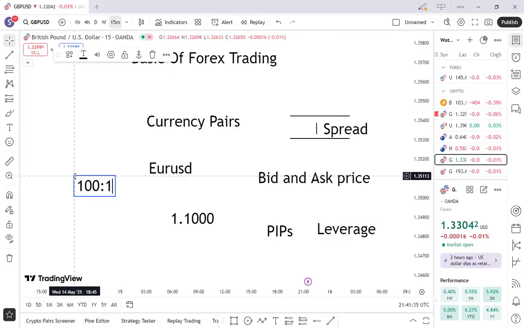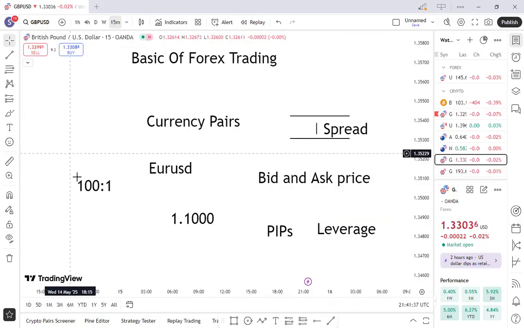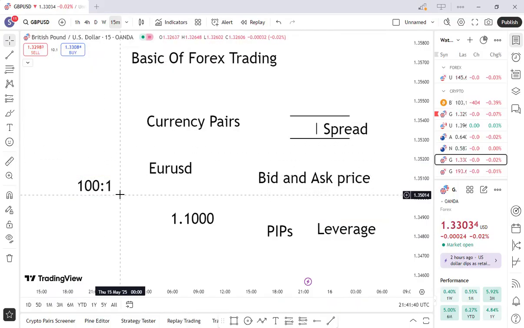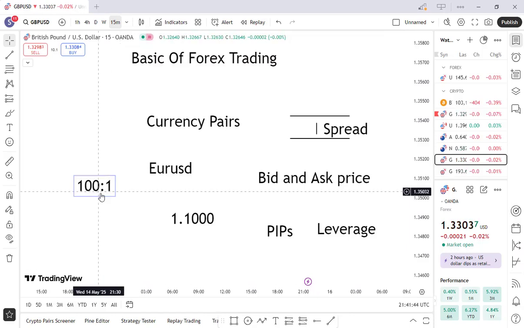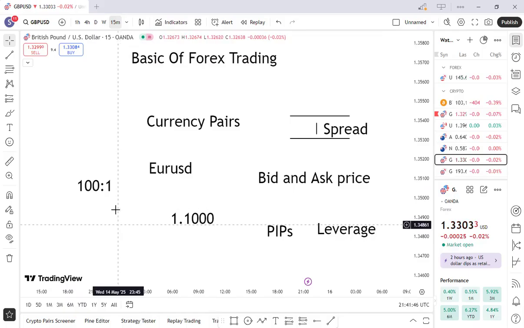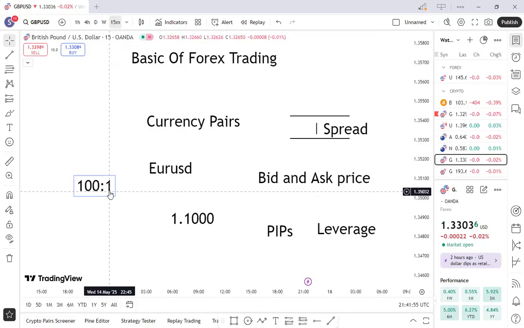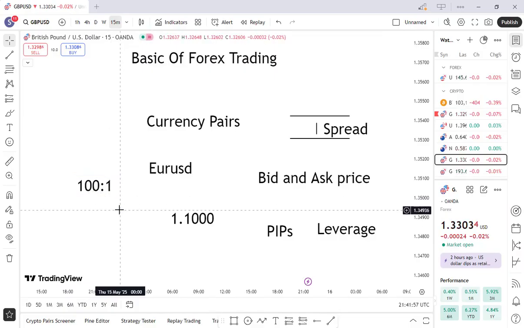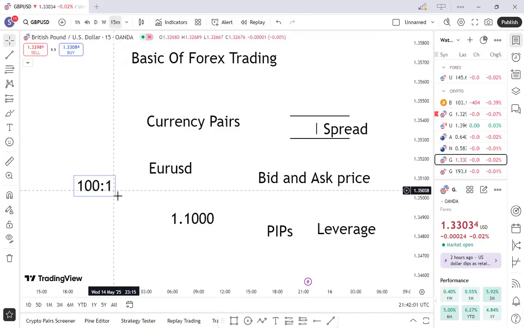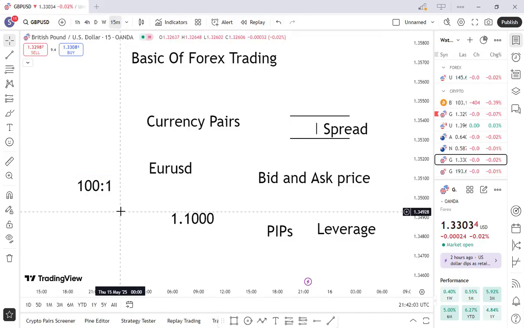If you have a leverage of 100 to 1, it's telling you that with $1,000 you can use a $100,000 account size. If you're using $100 here, you can use a $10,000 account size. If you're using a $10 account, you can make use of a $1,000 account size.